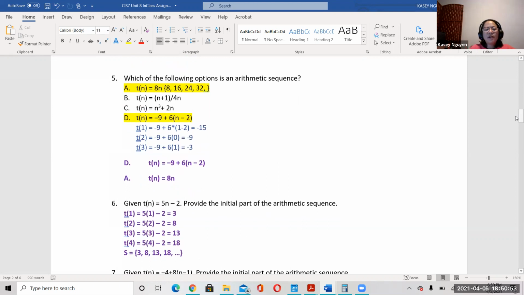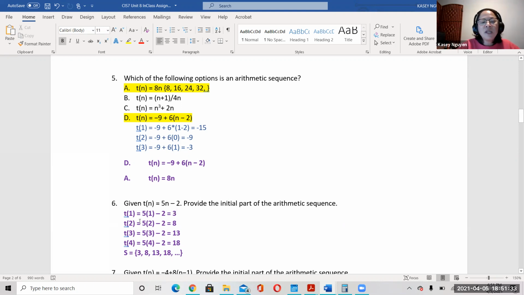So let's do another one with solving the arithmetic sequence. In this one, instead of giving you the sequence, I want you to build the sequence. So we would start with T of 1, because T of n is 5 times n minus 2. So T of 1 is equal to 5 times 1 minus 2, which gives us 3.